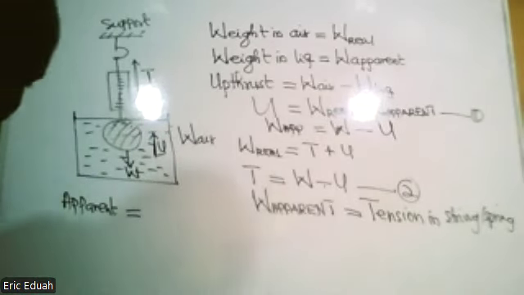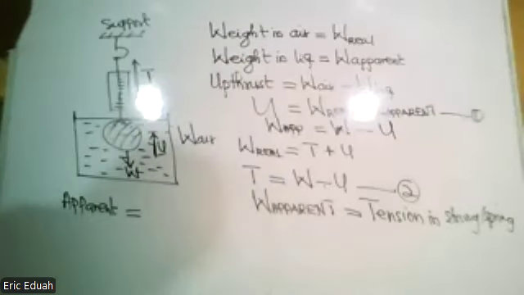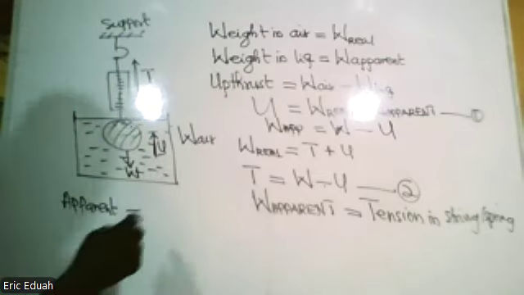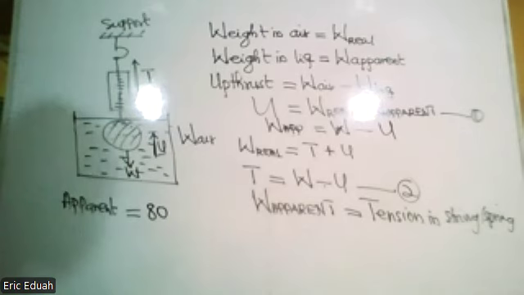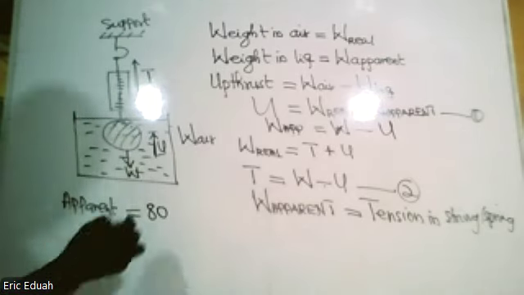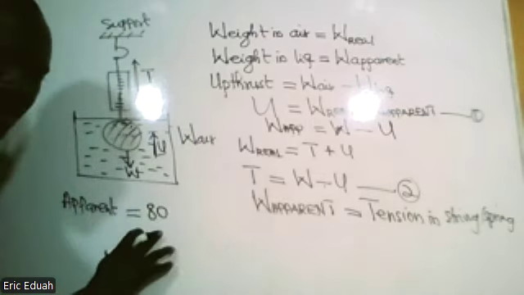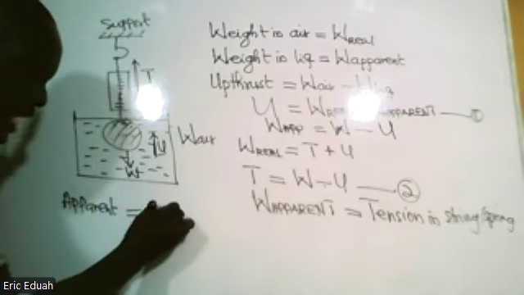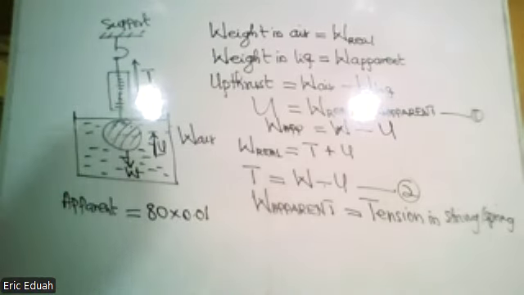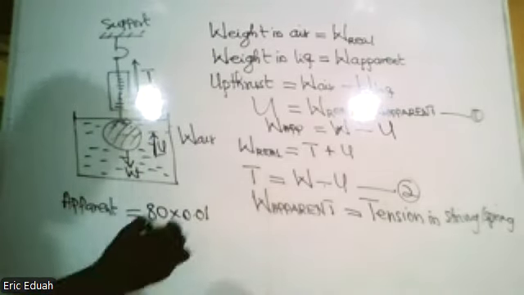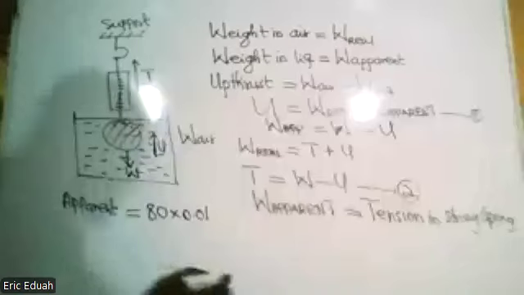We are told that the mass of the object is 80 grams. We have to express this as weight. So 80 grams converted to weight is times 0.01 Newton. Maybe you are confused. Don't be confused. I'm picking it from this.